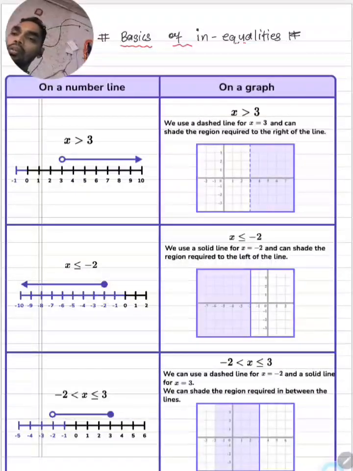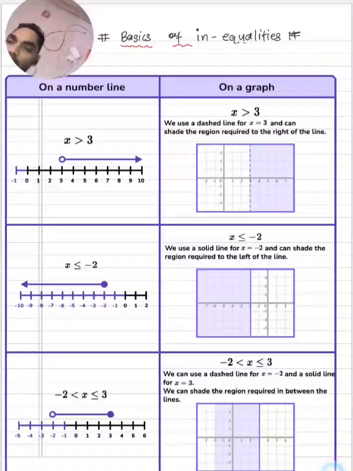Okay, now suppose in the same example, with a little change, I write x is less than or equal to -2. That means x is all the values which are less than -2, as well as equal to -2. Since the equality sign is there, we are going to use a solid circle. It shows that we included even -2, because here we need to take -2 also.